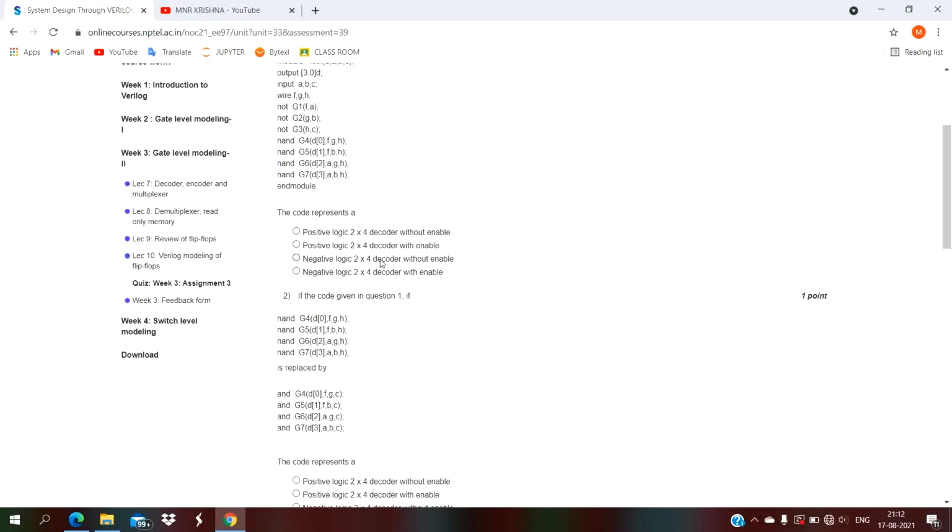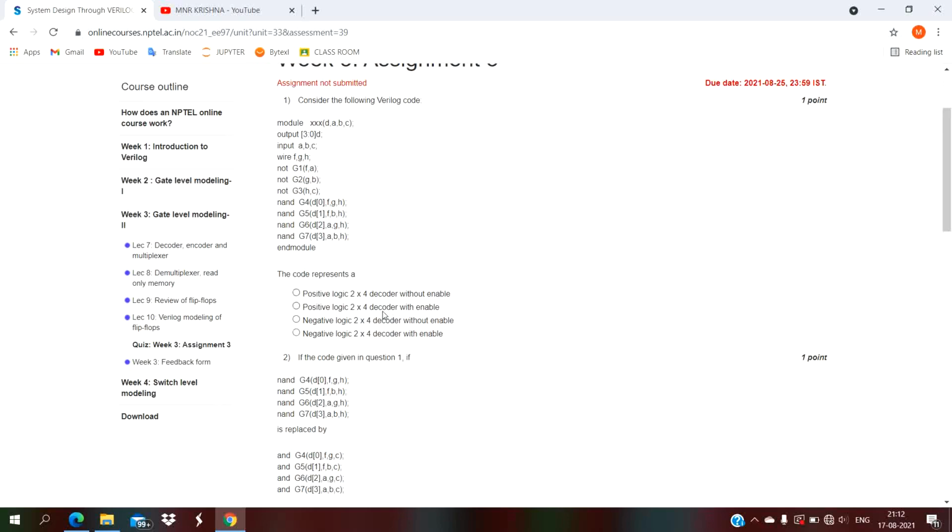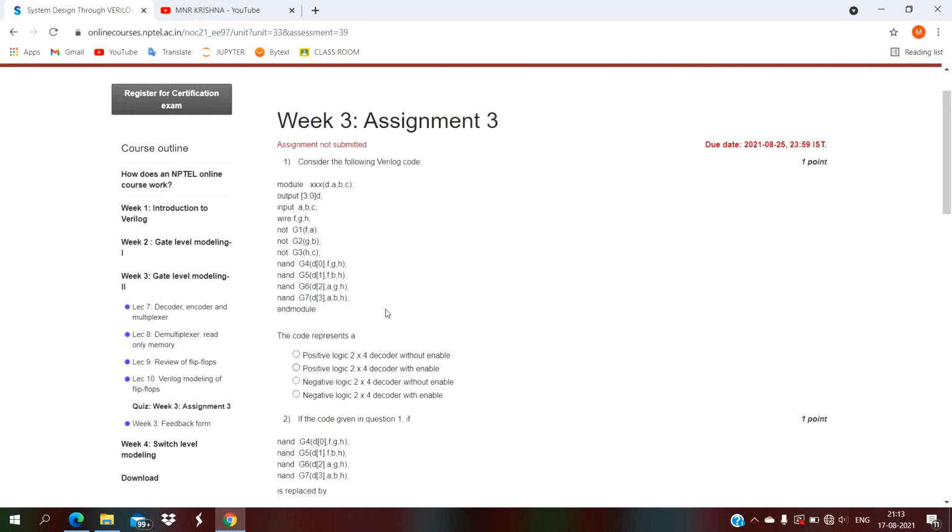By observing the options, we can conclude that the given code is for a 2x4 decoder. Here we have to find whether the code is positive or negative logic, and whether it is with enable or without enable. For a decoder, the inputs are only 2, so A and B are enough. So let us assume C is the enable.